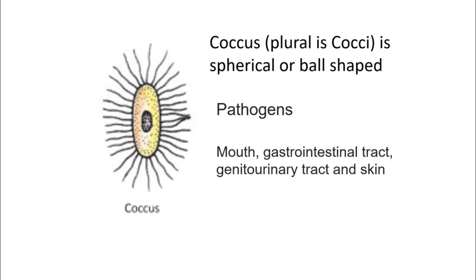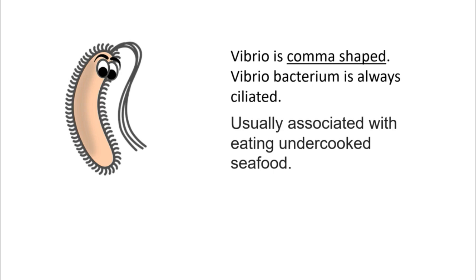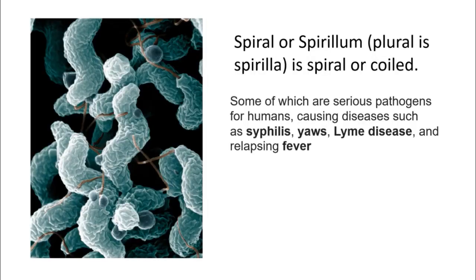Some bacteria look like a human hair, cilia, that is Vibrio, which is also called comma shaped, and then coiled type, that is spiral shaped.